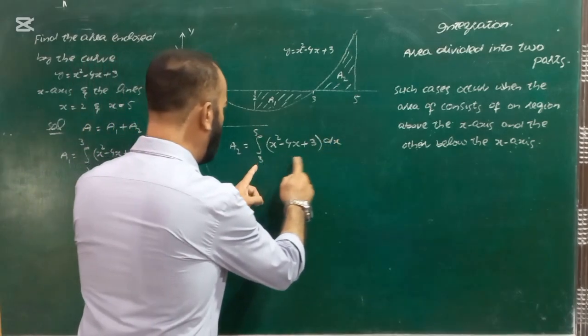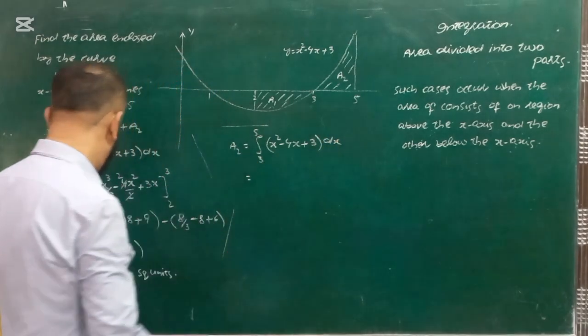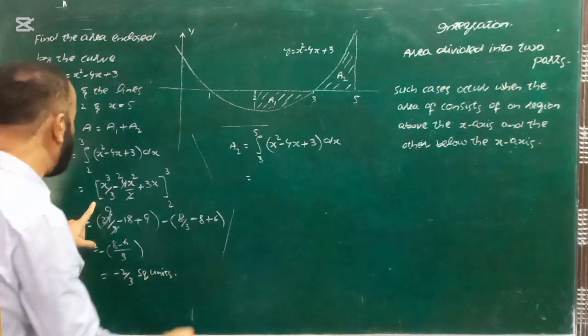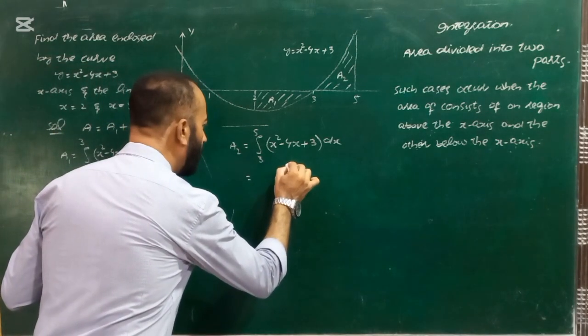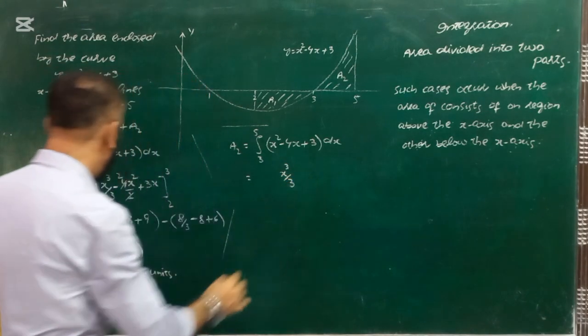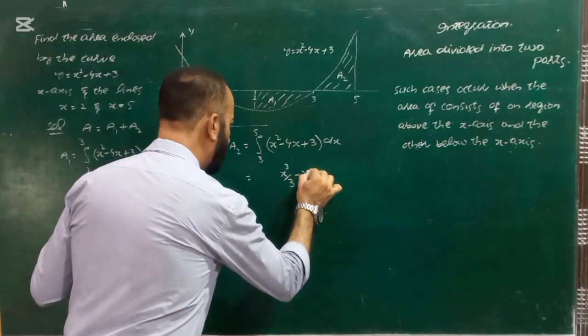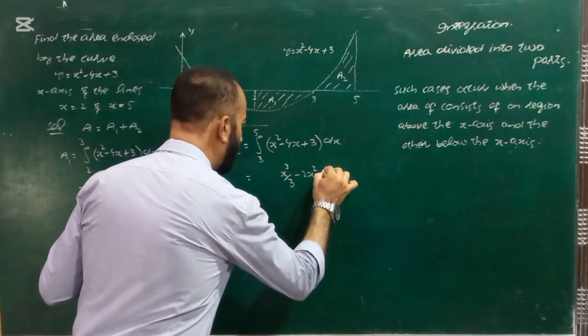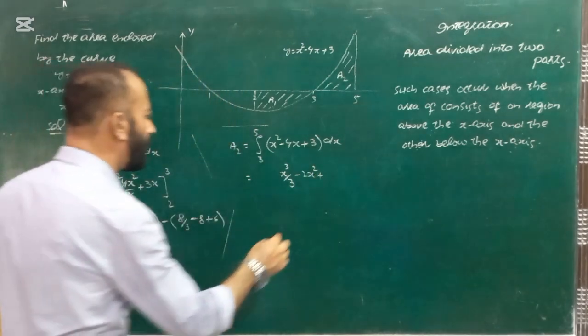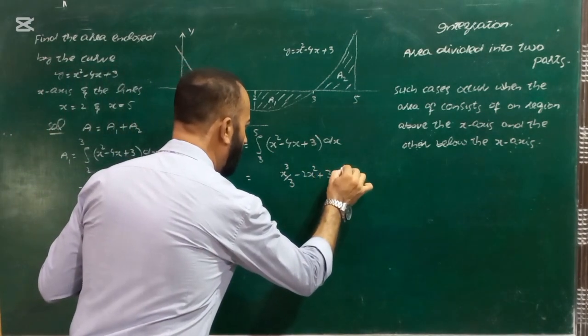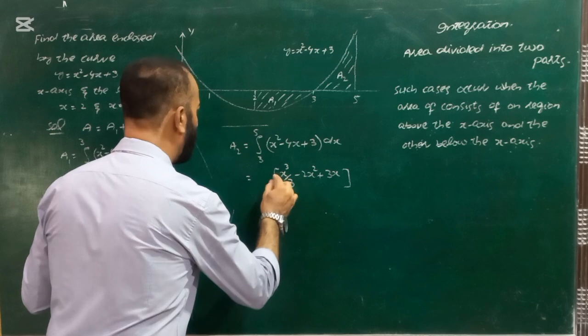From here, the integration of this is x cube over 3 minus 2x square plus 3x, and limit is from 3 to 5.